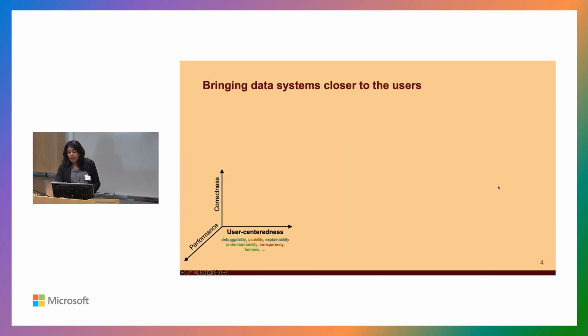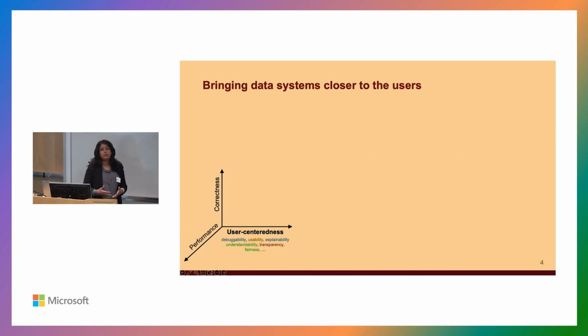So the ultimate goal of my research is to meet the users of data systems where they are. It's to bring the data systems closer to the user. Here I'm showing a plot about different dimensions that data systems researchers try to optimize for. This is by no means exhaustive. There is performance.